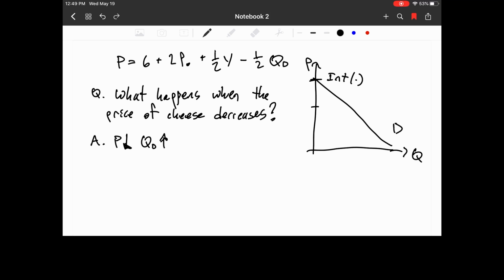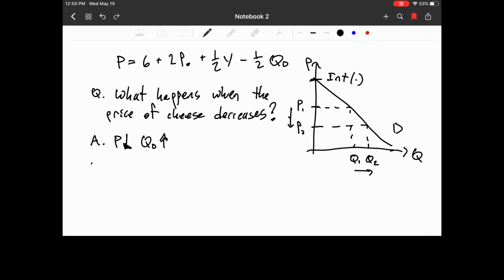We have price 1 and price 2. So price 1, price 2, and that gives us quantity 1 and quantity 2. So price goes down, quantity demanded goes up. Okay. This is a question we can answer with our principles understanding.